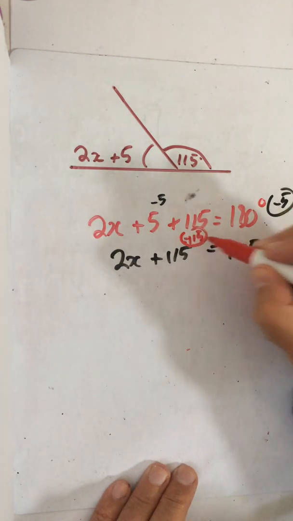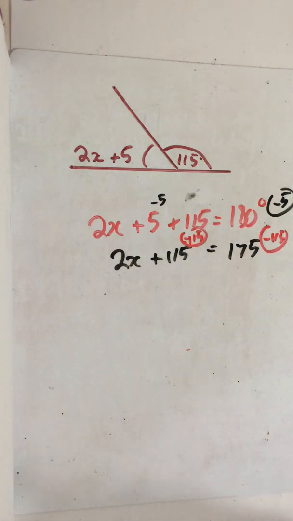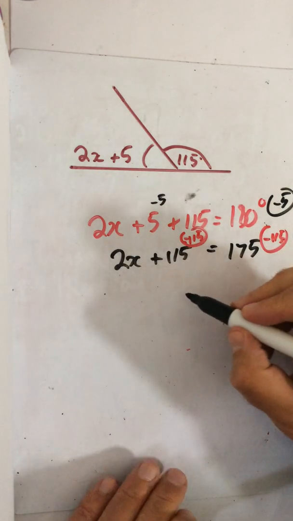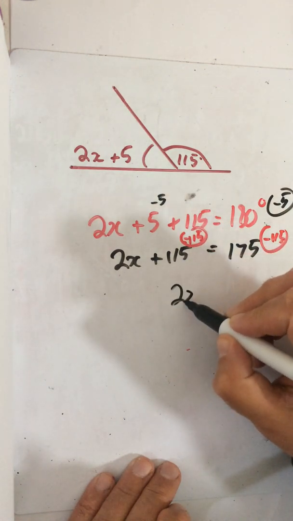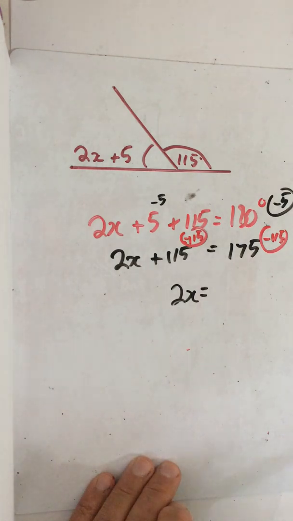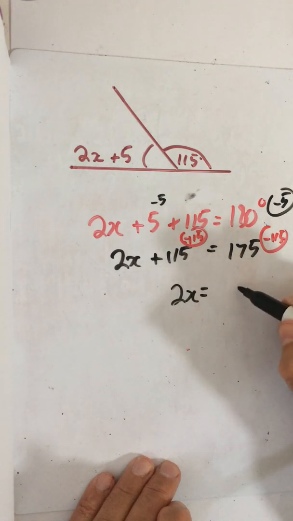I have to do the same on this side because it's the balancing method, so I have to do the same to both sides, remember. So this leaves me with 115, take away 115, leaves me with nothing, so I'm now left with 2x. And 175 take away 115 is 60.